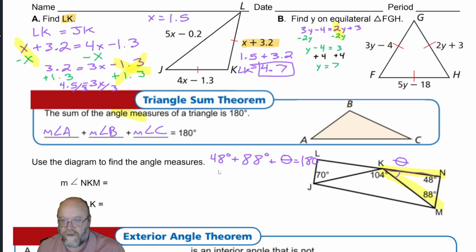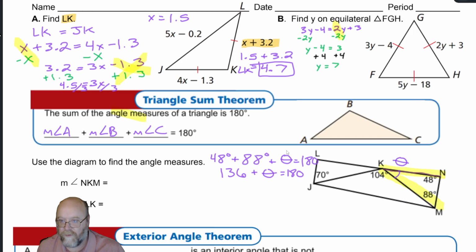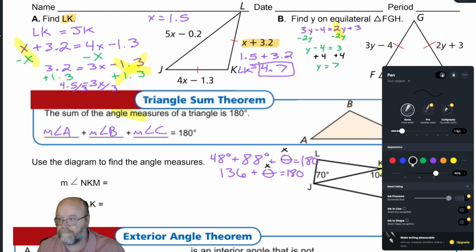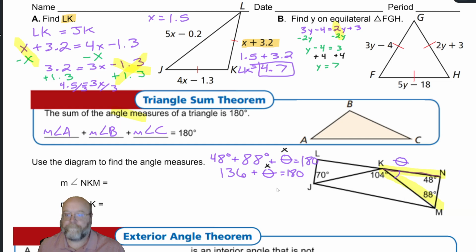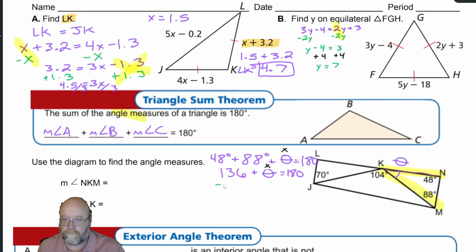Add those together and you end up with 136 plus theta is equal to 180. If this is confusing, just write x. This means x. If you just hate my Greek letter theta, you can write x. It's fine. Okay. So, subtract the 136 from both sides.